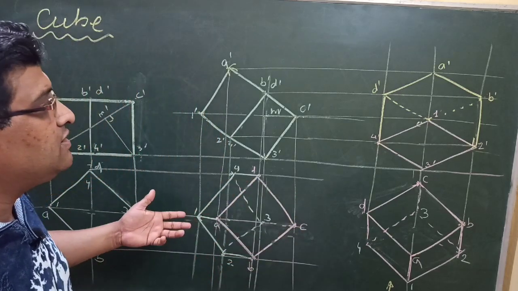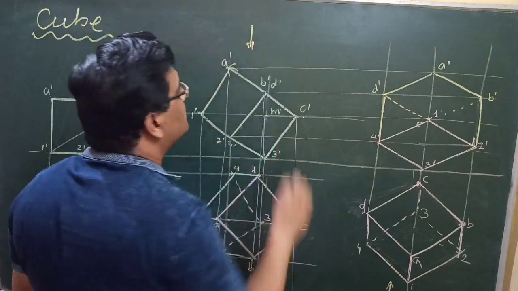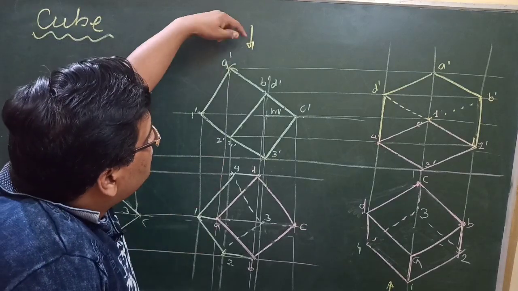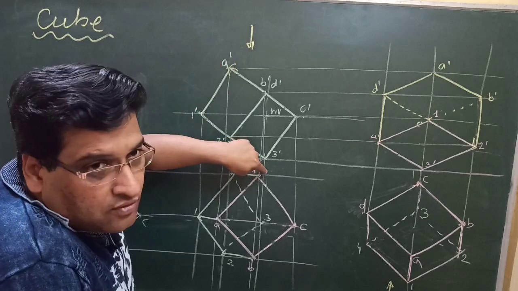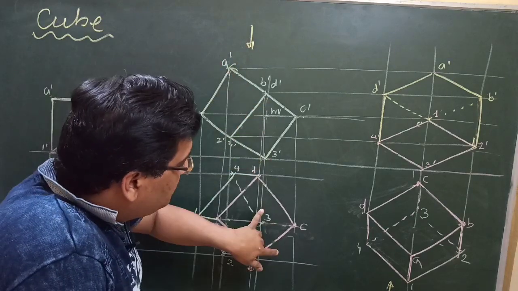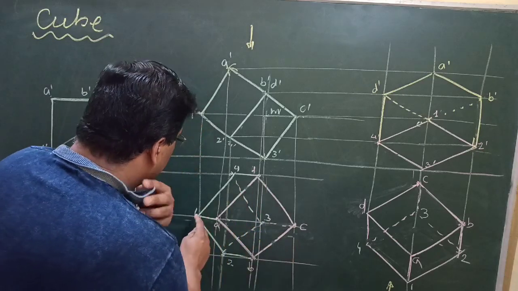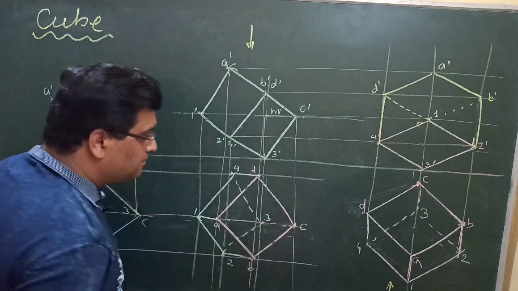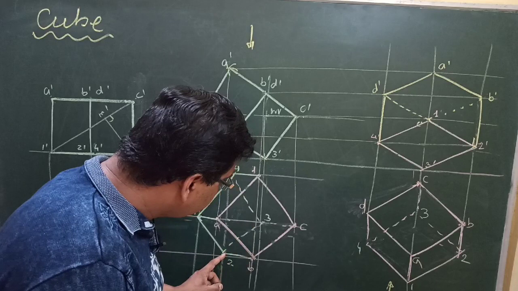Now which base is continuous and which base is hidden, we can find out using the arrow method. This also we have discussed in previous videos. Because ABCD is nearer to the arrow compared to 1, 2, 3, 4, it means that ABCD will be continuous in the top view. So we have joined ABCD continuous and completed the contour of the diagram. Half of 1, 2, 3, 4 will be hidden.